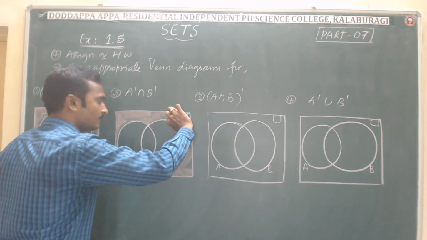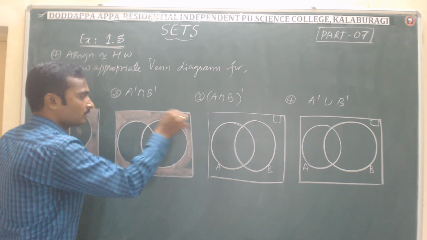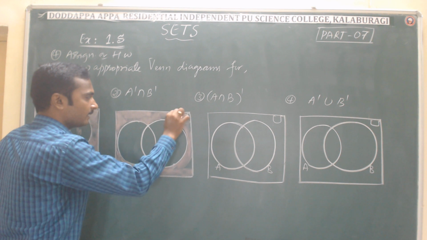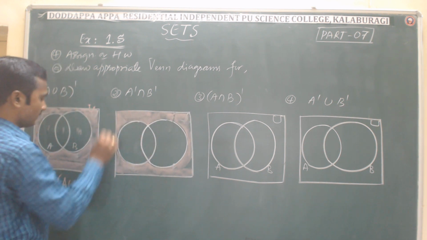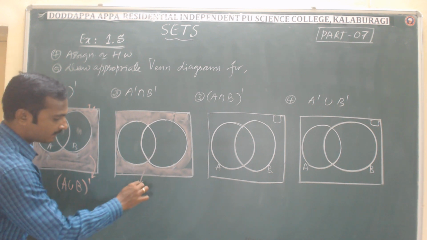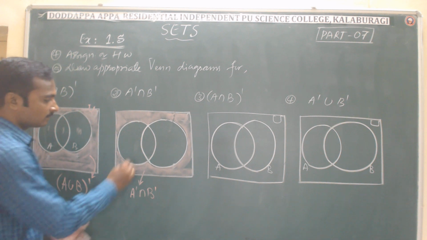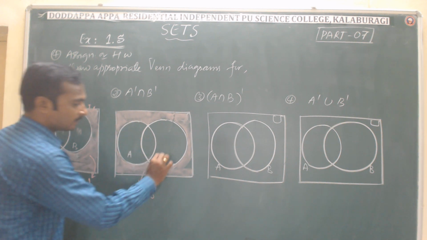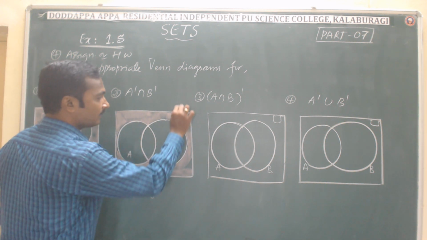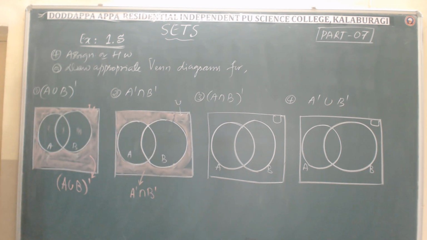So this complete shaded area, I can say is A union B whole complement, and this area I can say is A complement intersection B complement. Here circle 1 represents the set A, circle 2 represents the set B, and the rectangle represents the universal set.